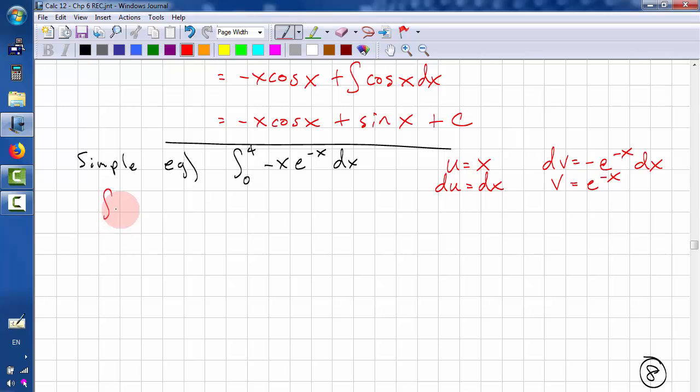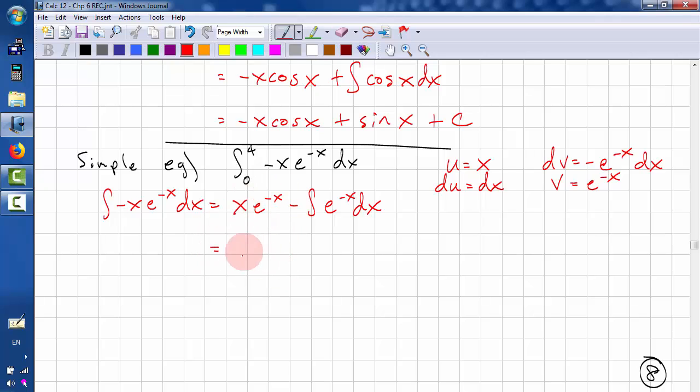So we have the integral of negative x e to the negative x dx equals uv. So we have x e to the negative x minus the integral of v du. So that's e to the negative x dx.